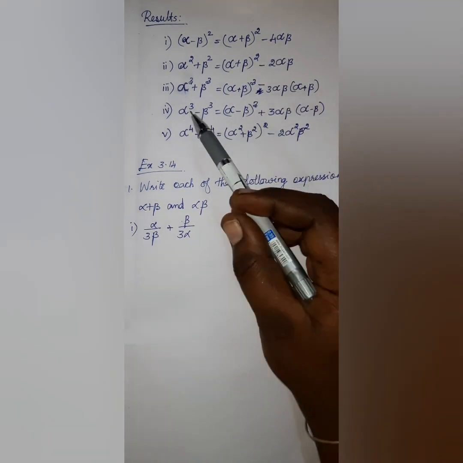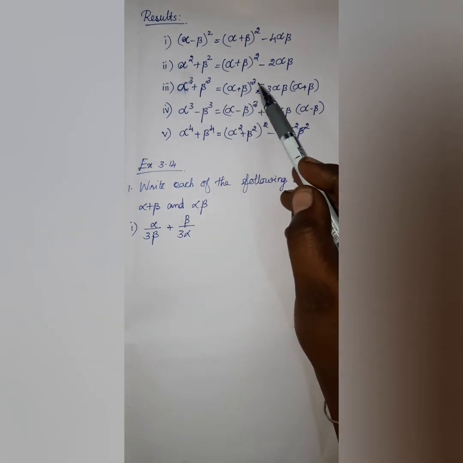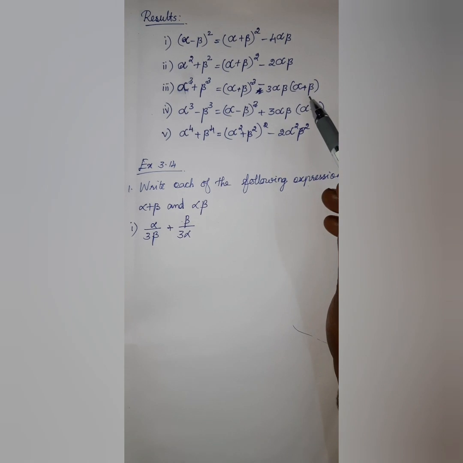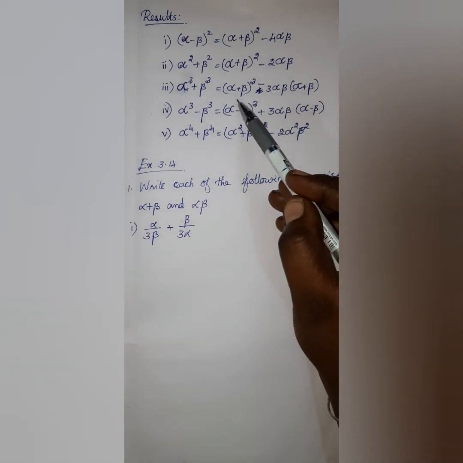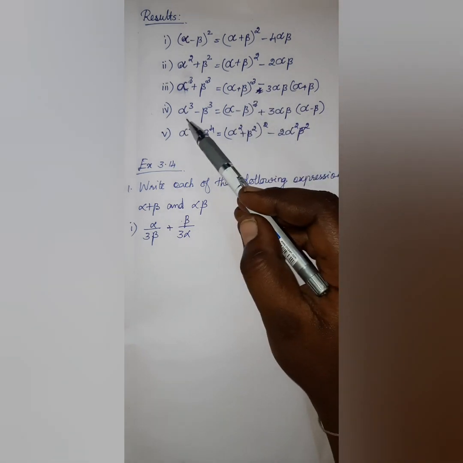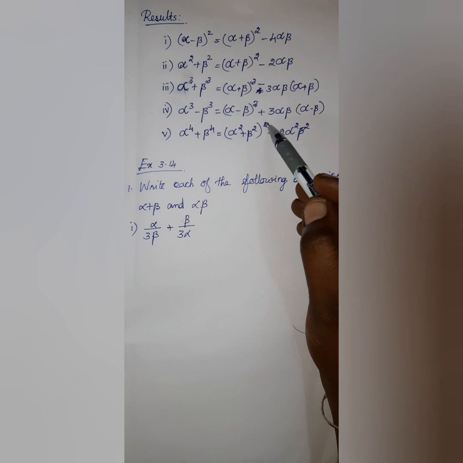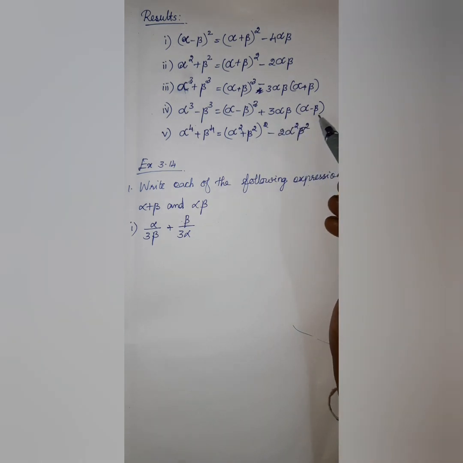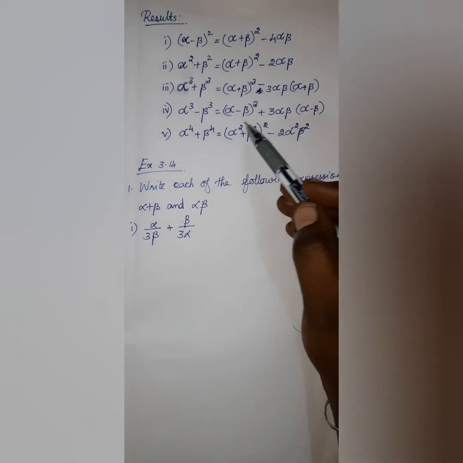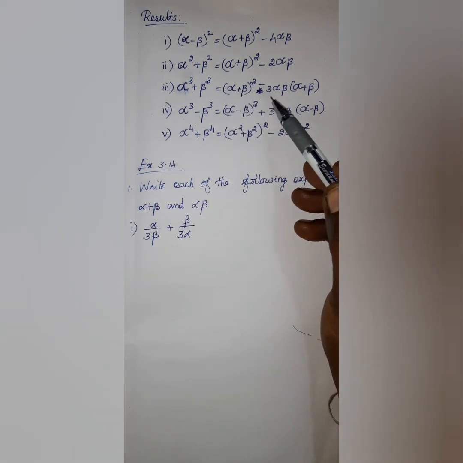Next, third one: alpha cube plus beta cube is equal to alpha plus beta the whole cube minus 3 alpha beta into alpha plus beta. This we deduced from alpha plus beta the whole cube. Fourth one: alpha cube minus beta cube is equal to alpha minus beta the whole cube plus 3 alpha beta into alpha minus beta. This we deduced from alpha minus beta the whole cube. Understood?